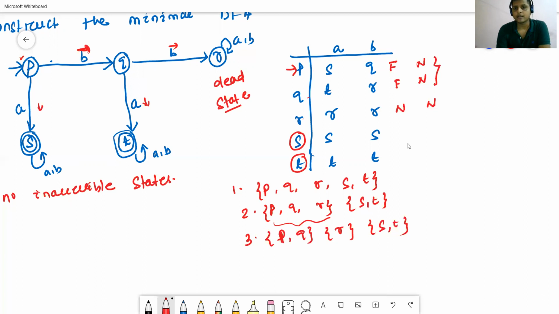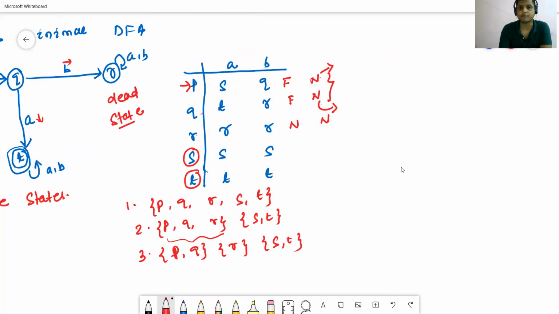See here, P reading A goes to final and P reading B goes to non-final. Q reading A goes to final and Q reading B goes to non-final. But both non-final states are not the same, because this is an actual non-final state, but this non-final state is called a dead state.